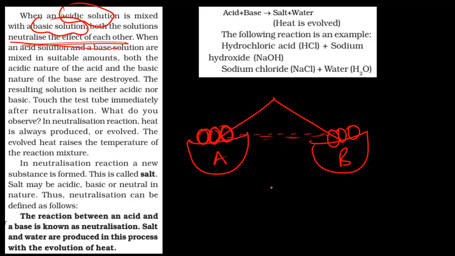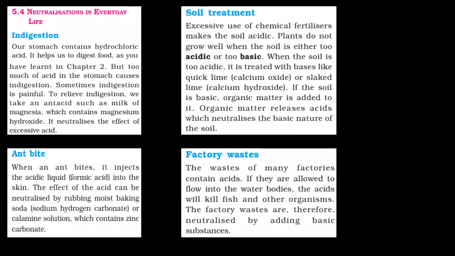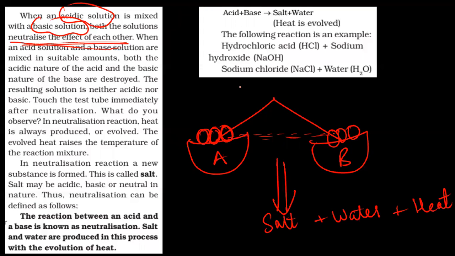It is going to form a salt when they react, because when two substances react, they give a product. So they are going to form a salt. And also along with the salt, water and some heat is also evolved in this reaction. Whereas if I suppose add 3 more balls of acid, it is not going to neutralize.